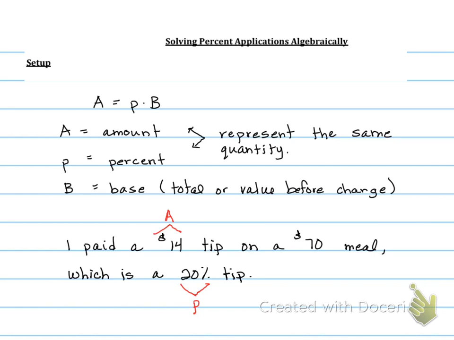Does that make sense? So when we set these up, we always assign words to the amount and the percent so that we can make sure they're representing the same thing. Like in this problem, I don't have an unknown here, but if I was going to have an unknown and set this up, I would write amount of tip and percent of tip. And because they're both the tip, I know I've set it up right because they represent the same quantity.